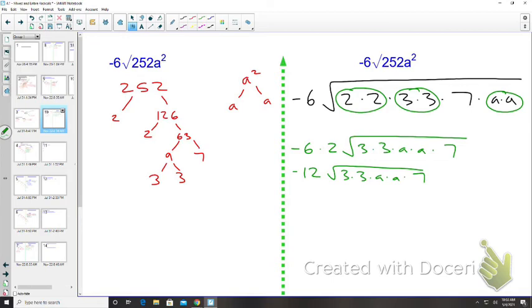Are we not taking the pair of 3's out? Sure, yep, let's take those out now. So we'll take out these 3's, so then we get -36. Now we can take out those A's. And we'll get -36 A root 7.